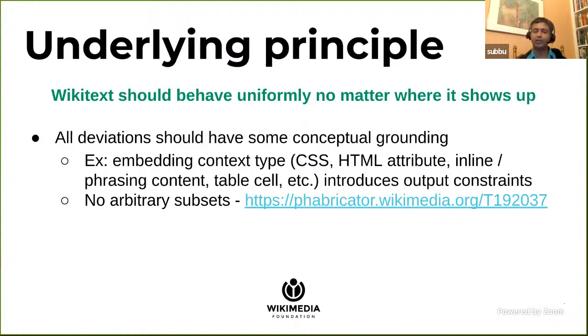For example, if your extension is going to be used in a CSS context or HTML attribute context or inline phrasing, inline or block context, and so on, then it makes sense you want that particular embedding context to be handled for you. Right now, as I mentioned, it's only inline versus block, but in the future, perhaps we might add all these other types for extensions and pretty much other contexts as well, like templates and messages and so on.